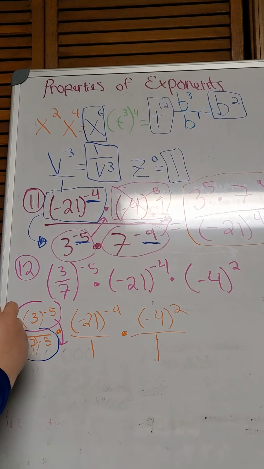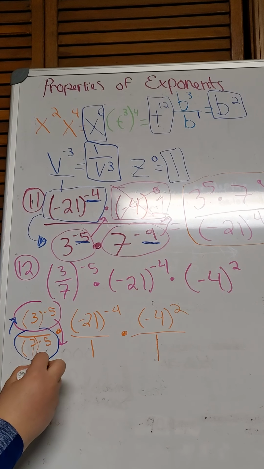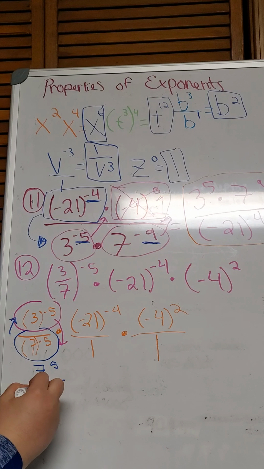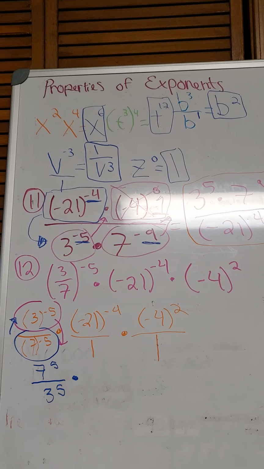That has to go to the numerator. So the first 2, I have to change their location completely. So when I do that, I'm going to get 7 to the 5th power and 3 to the 5th power. But see how they switch locations? When I do that, I change their exponents from negative to positive.